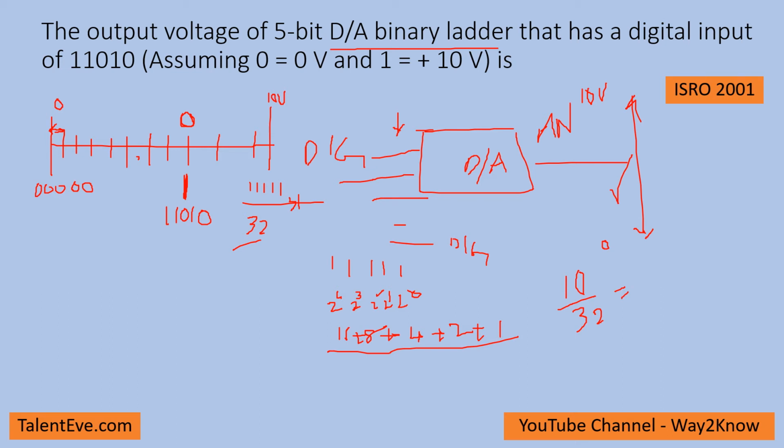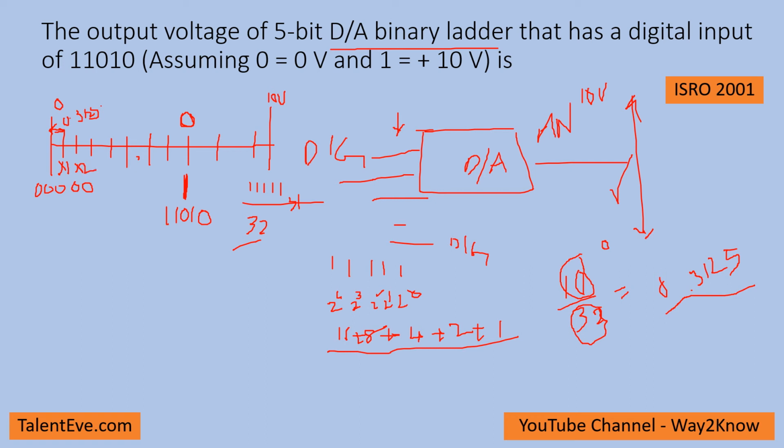This gives 10 by 32, which is 0.3125. So the maximum value is 10 and it is represented by 32 steps, and the value of each step is the resolution. So the steps are 0.3125 times 1, then 0.3125 times 2, and so on.